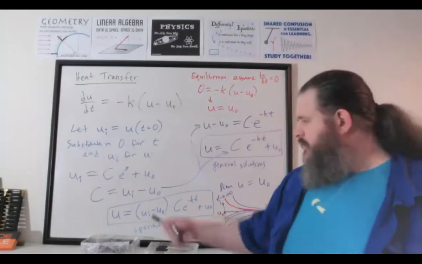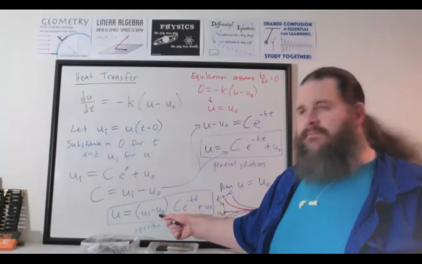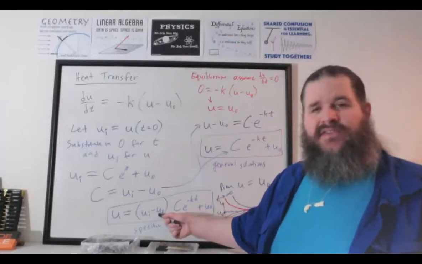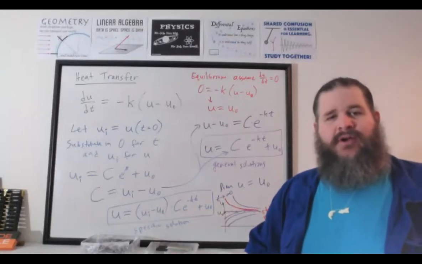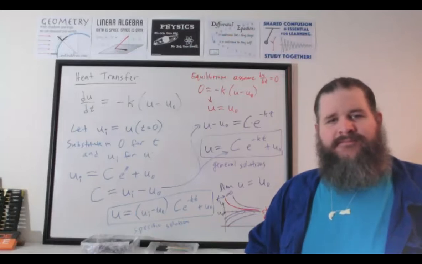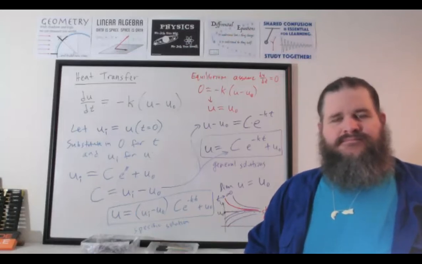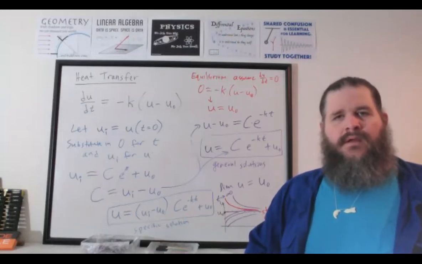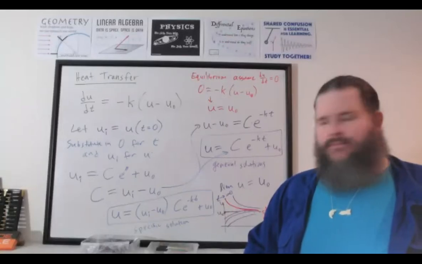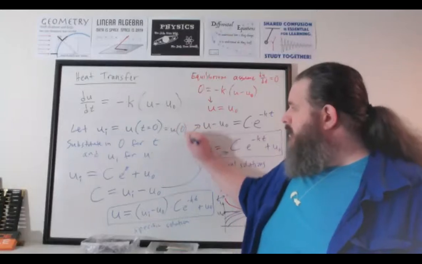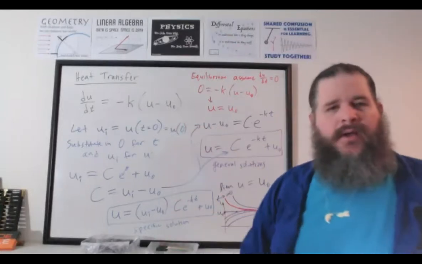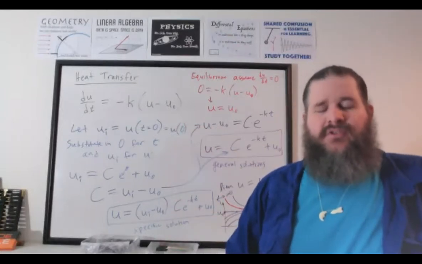Right. Yeah, so it was, okay. This is the temperature of the surroundings, which in this case is 10. U sub I would be the starting temperature, the initial temperature of the object itself. And in our scenario, that's just U of 0, not to be confused with U sub 0, which means the temperature of the surroundings.